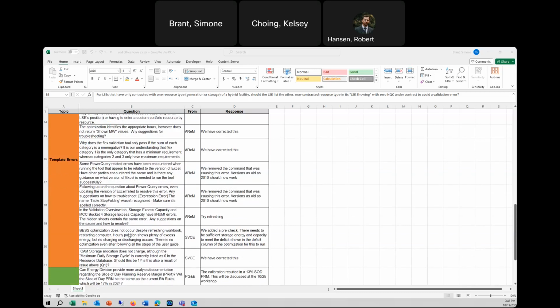In the validation overview tab, storage excess capacity and MCC bucket 4 storage excess capacity have NONE errors. Hidden sheets contain the same error. Any suggestions on the cause and how to resolve?